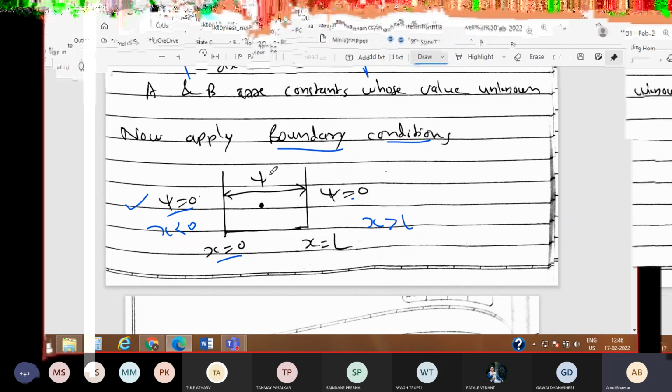Now I am getting this equation: psi of x comma t is equal to square root of 2 upon L into sine of n pi x upon L into e raised to minus i E t upon h cross, where n is equal to 1, 2, 3, 4 like that.